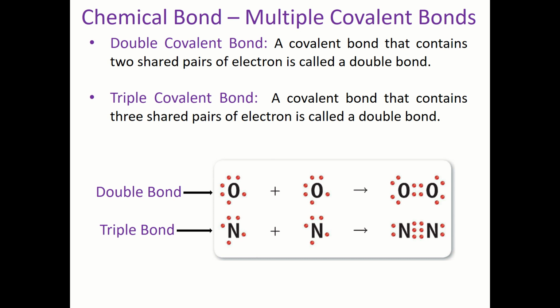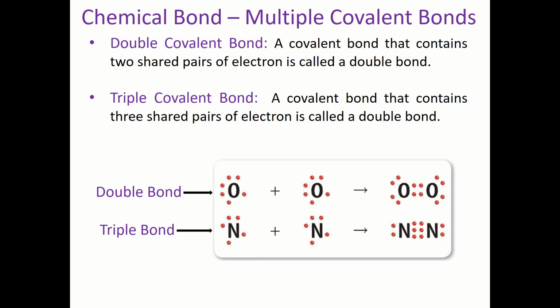Let me emphasize here: if I say it's a double covalent bond, it does not mean 2 atoms are combining together to make the molecule. It means that the atoms are sharing 2 electrons each. So double means the number of electrons that are shared, not the number of atoms that exist in the molecule. The same thing, if I say nitrogen N2, this makes a triple covalent bond.